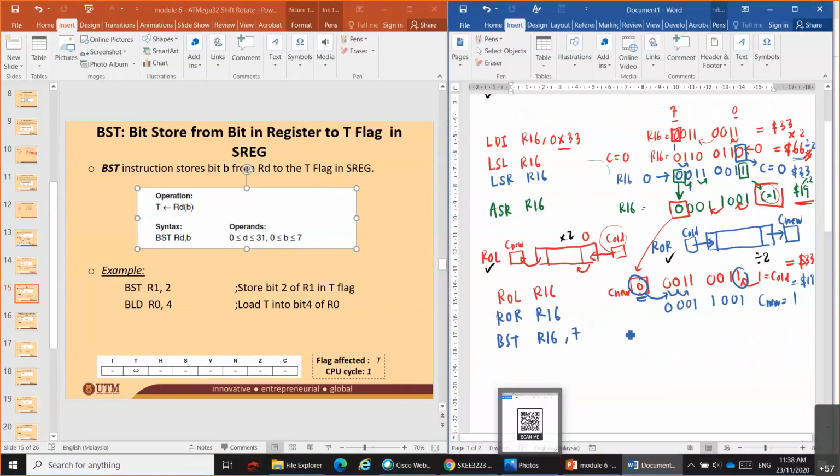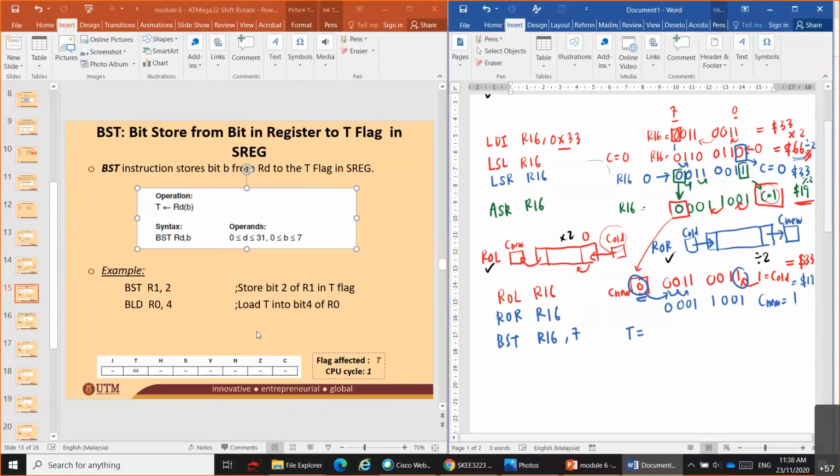What happens to my T flag after I execute this instruction? BST R16, 7.